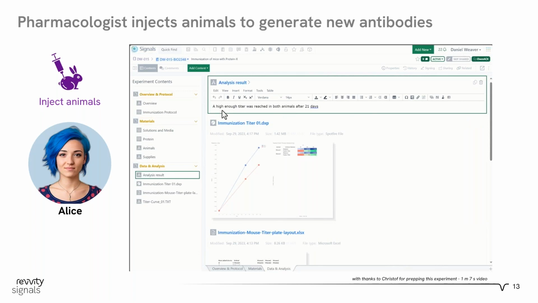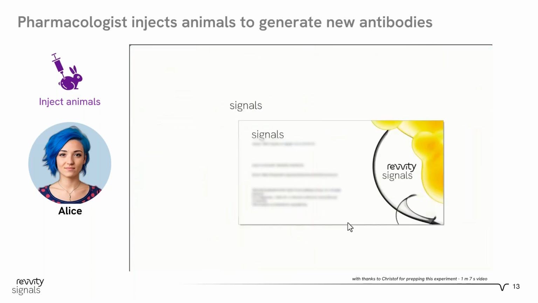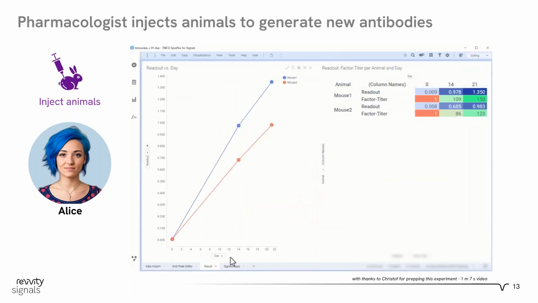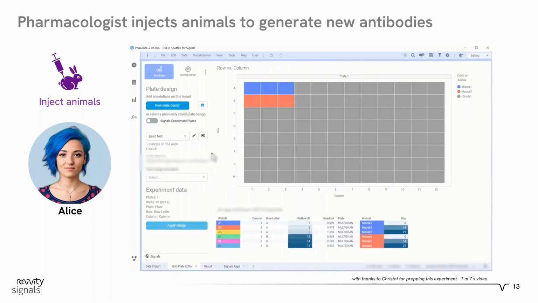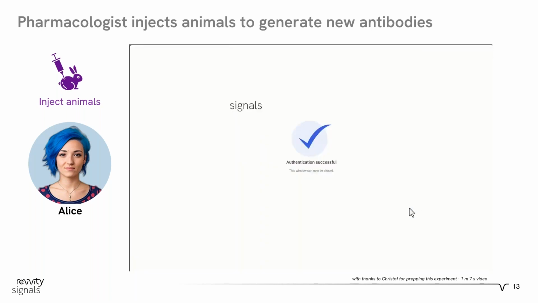And this also provides a place where she can start recording the observations, in this case, intermediate titer of the antibodies, and it's integrated with Spotfire directly so that these observations can be loaded into Spotfire and visualized, as well as an example of a plate layout or samples that are being used. So it's all now part of a single environment that supports all workflows that scientists would do when they're generating data.